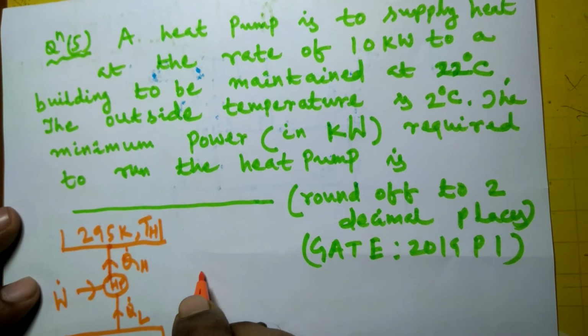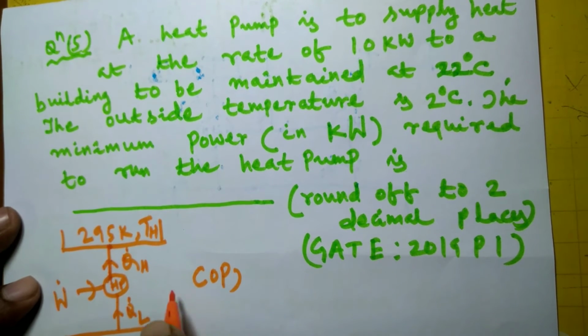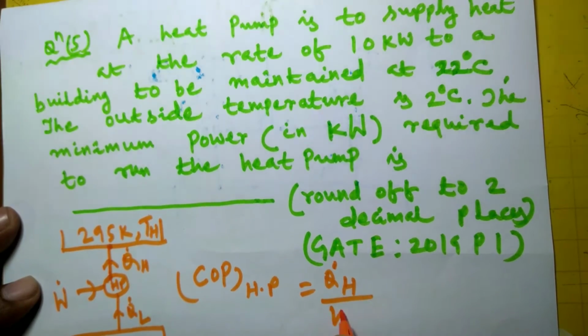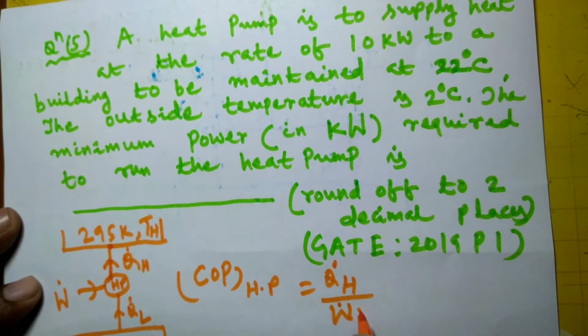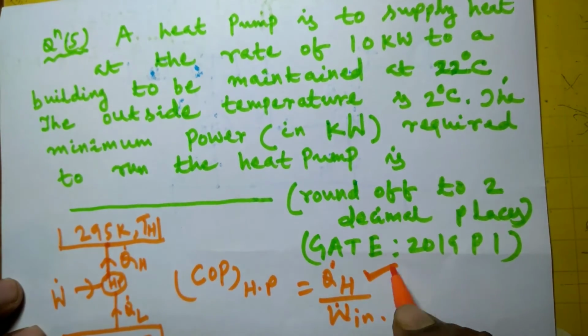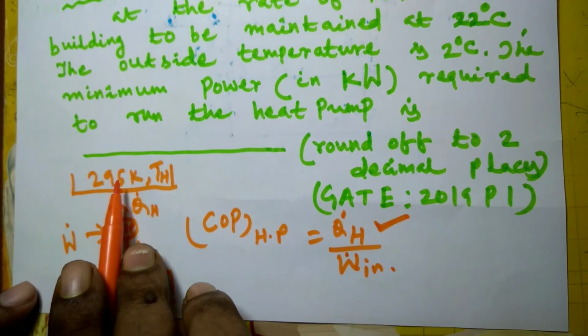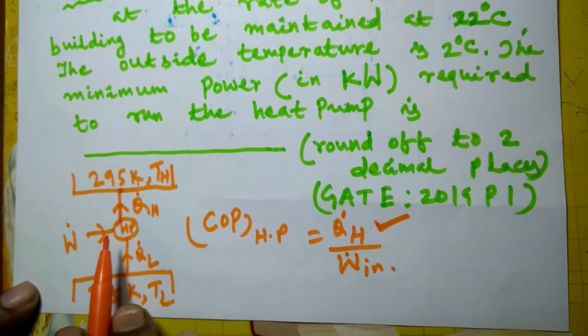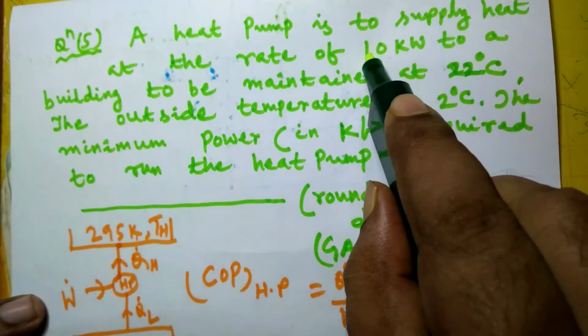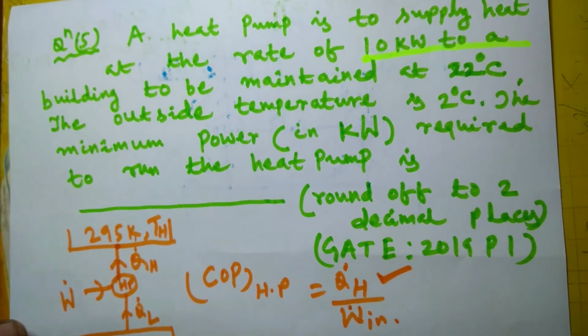So COP of heat pump is Q dot H divided by W dot in. To maintain the room temperature at 22 degrees Celsius, obviously you have to supply 10 kilowatt. Q dot H is 10 kilowatt.